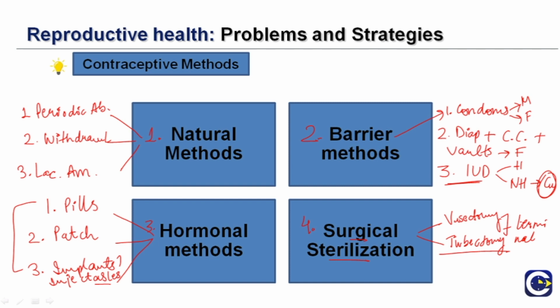There are also sometimes match the following questions, like you have to match which is the natural method or which is the surgical method. They will give you different questions about match the following. And another topic from where there are questions that we saw in the key terms is amniocentesis. So it is very important to go through all these things very nicely for the examination.